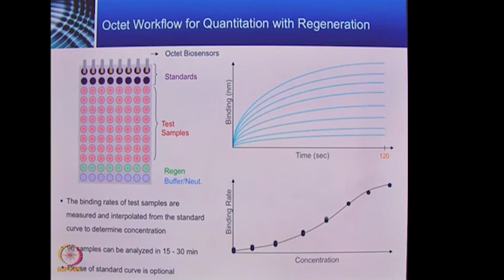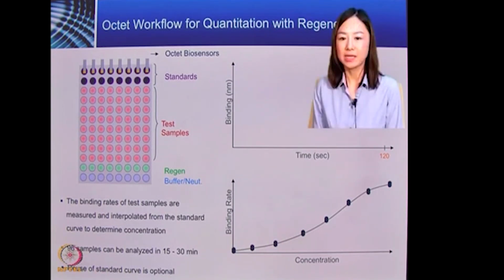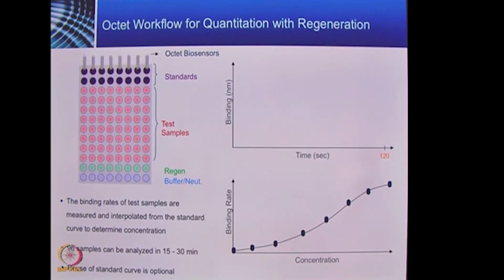The standard will bind to the biosensor, and by calculating the initial binding rate of the molecules to the biosensor, we can get a standard curve with the binding rate as the y-axis and the concentration of the molecules as the x-axis.